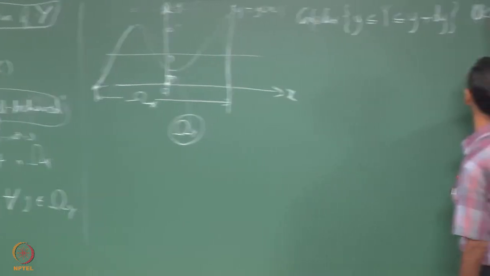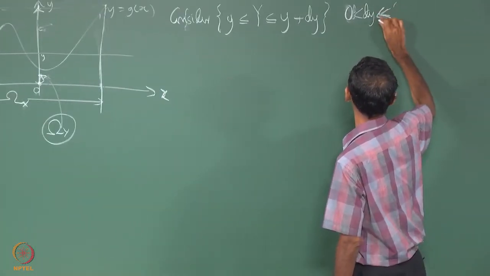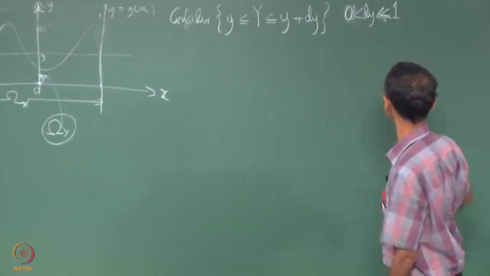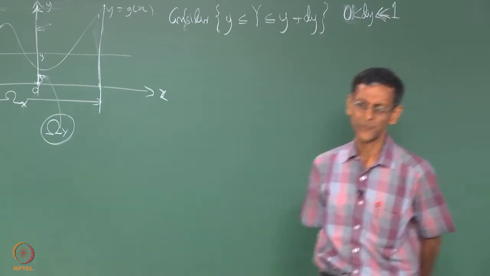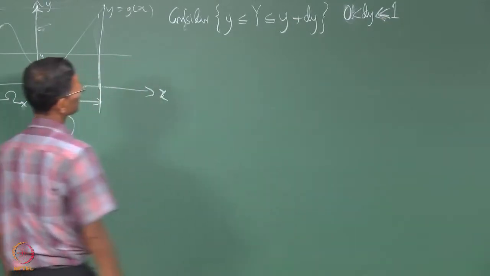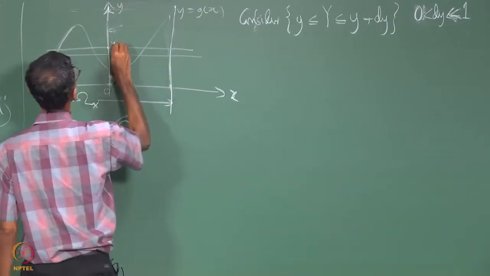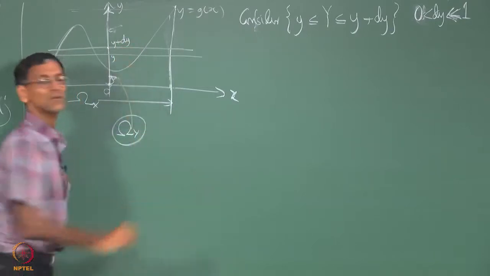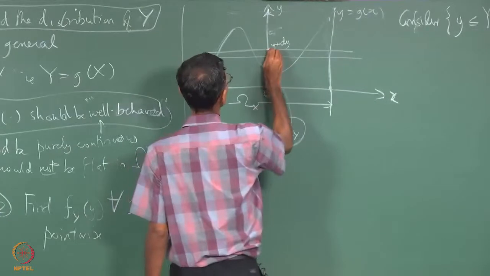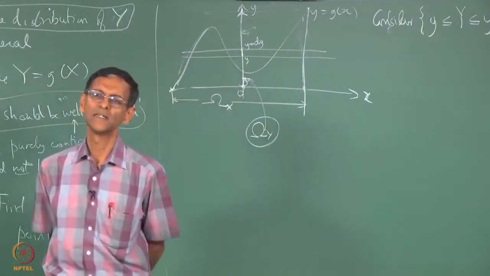Always in these things this dy is larger than 0 and much smaller than 1. It is the typical calculus differential, right? Positive differential. So that is an event which says that I am looking at these two horizontal lines, and at the event that the output is in that interval.